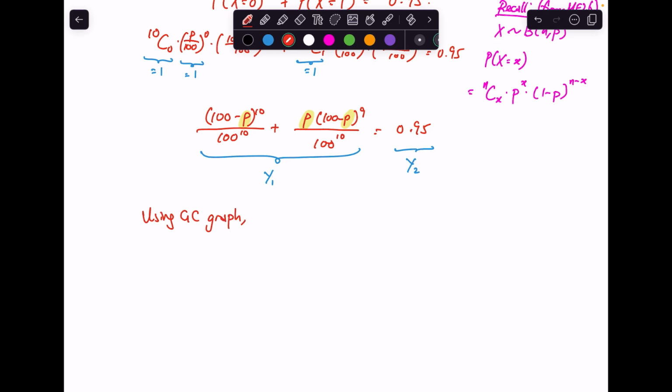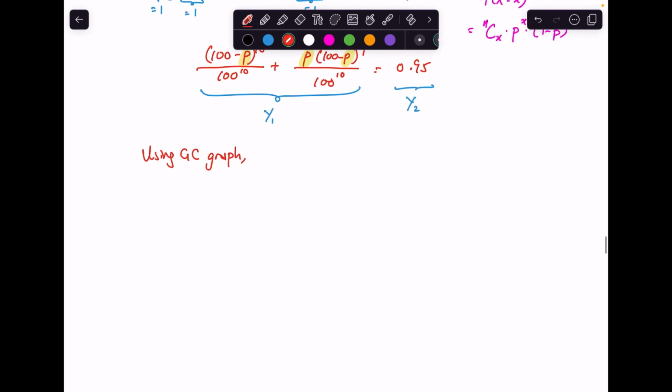Using the GC graph, I will just briefly sketch it out. This will look like this.